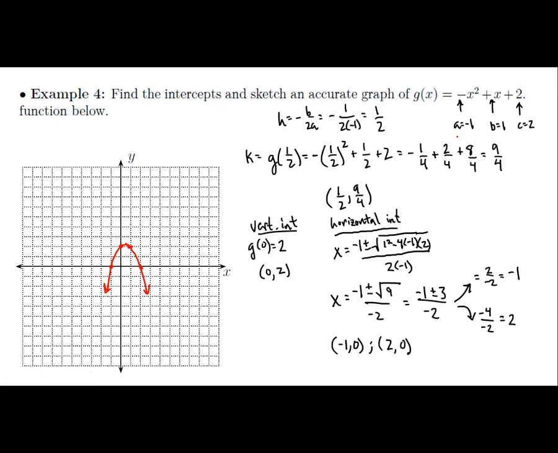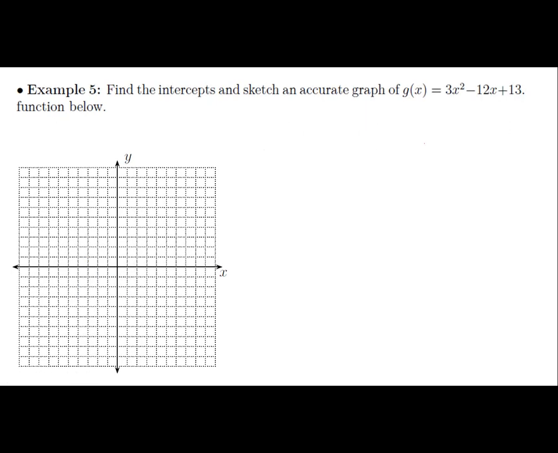This last example is meant just as a check of your understanding of what's going on here. And actually, I have a typo in your notes and in mine as well, I guess. I didn't want this to be a 13. I actually meant for this to be a 10. So if you could just, in your notes, change that 3 to a 0 so that you end up with 3x squared minus 12x plus 10.